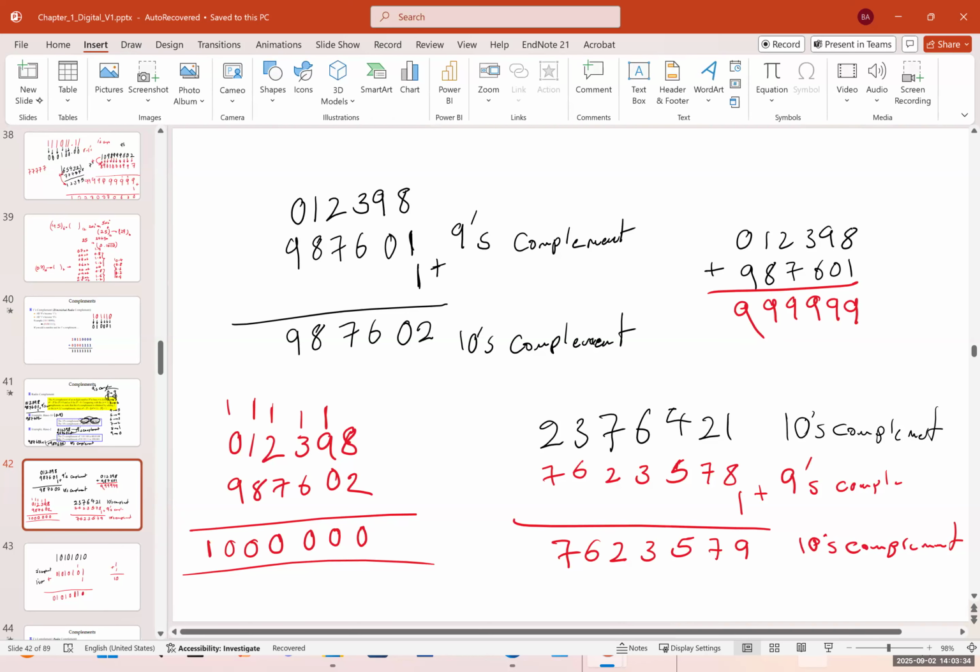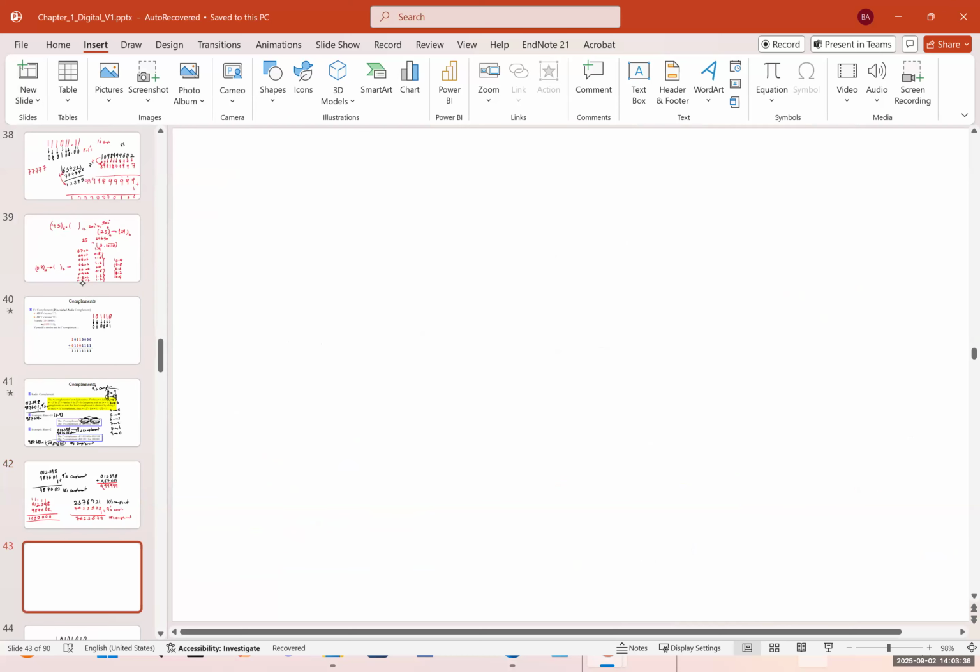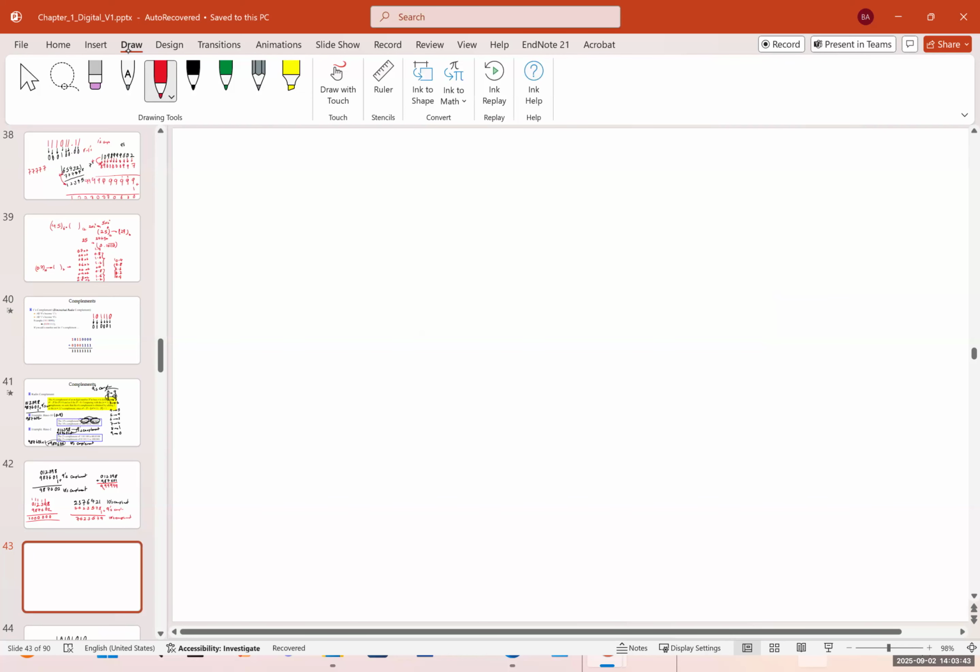Do you want me to solve another one? Can you give me a random 4 or 5 digit decimal number? Don't go through fractions yet. I would explain fractions later on, just an integer number.